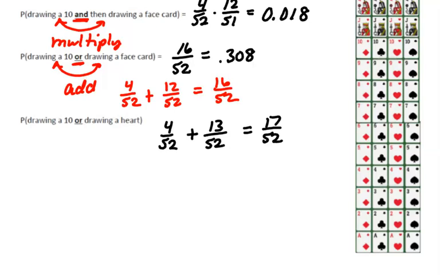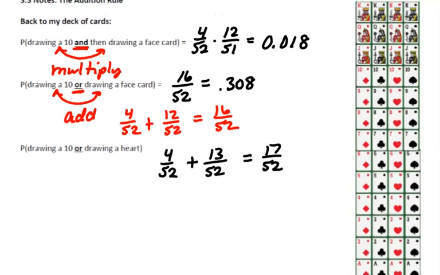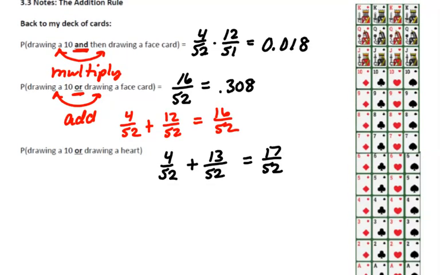Now at this point, some of you may be saying, no, no, no, that's not right. And you would be correct. That is not right. We have 13 hearts, so if I were to circle all the possible hearts I could draw, and here are the possible 10s I could draw, some of you have recognized, uh-oh, I just counted one of those cards twice, because there's an overlap. So really, there's only 12 hearts left.